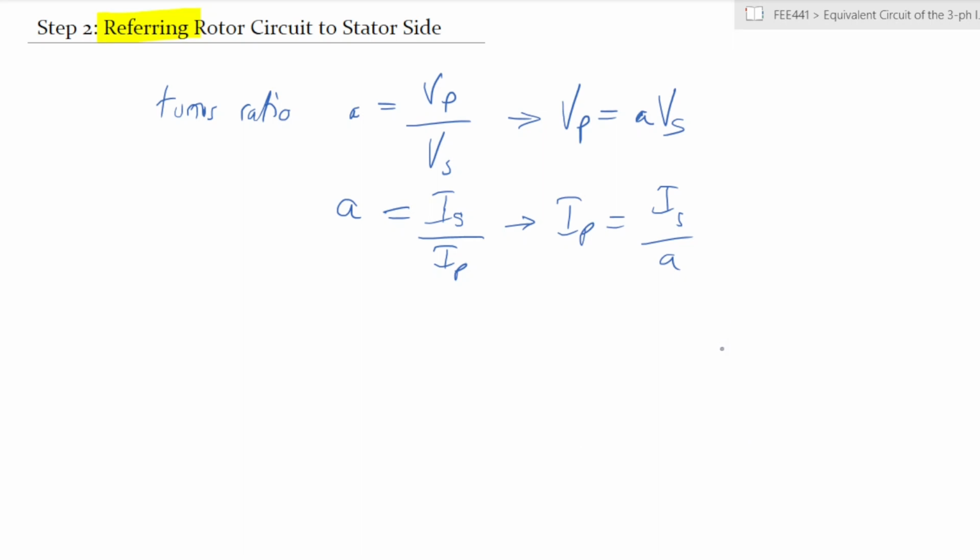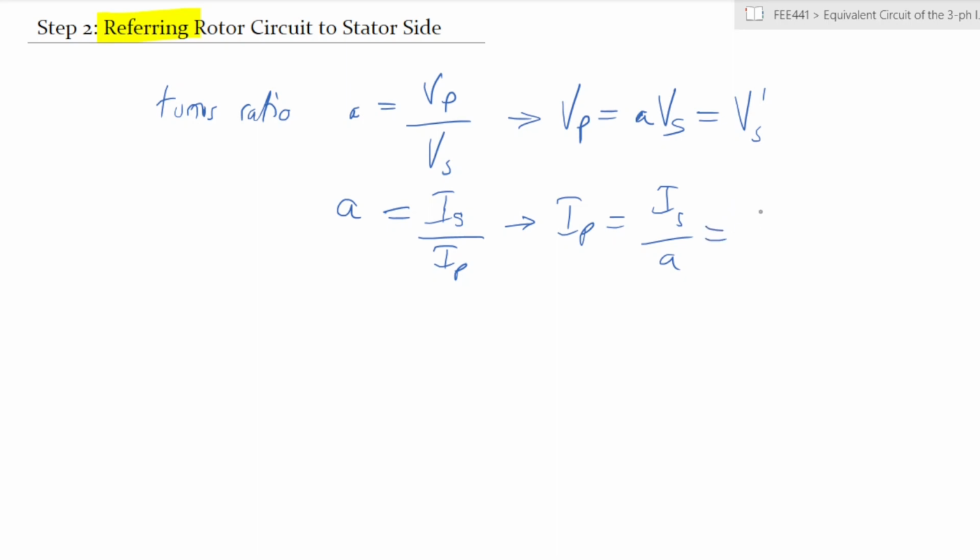That means that you would have a pseudo voltage or a pseudo current, pseudo elements that would be referred onto the stator side, even though they come from the rotor side. So we would label this as a stator voltage with a prime. That means it is referred to the stator side from the rotor side.